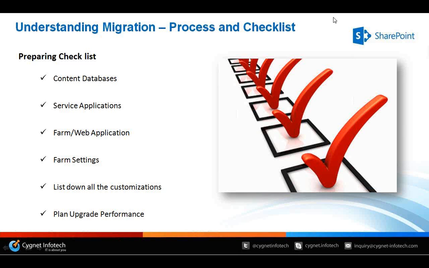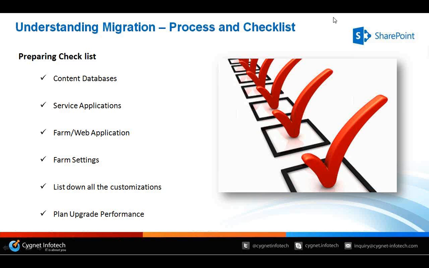Whatever the current issues with your content database, please note them down, so at a later stage you can fix them prior to the migration, or fix them while you upgrade from SharePoint 2010 to SharePoint 2013. This was only in terms of schema.